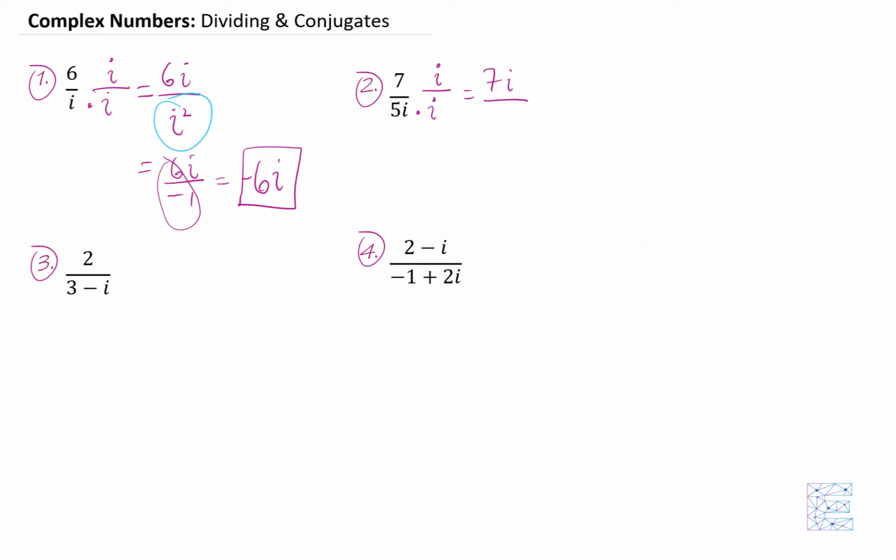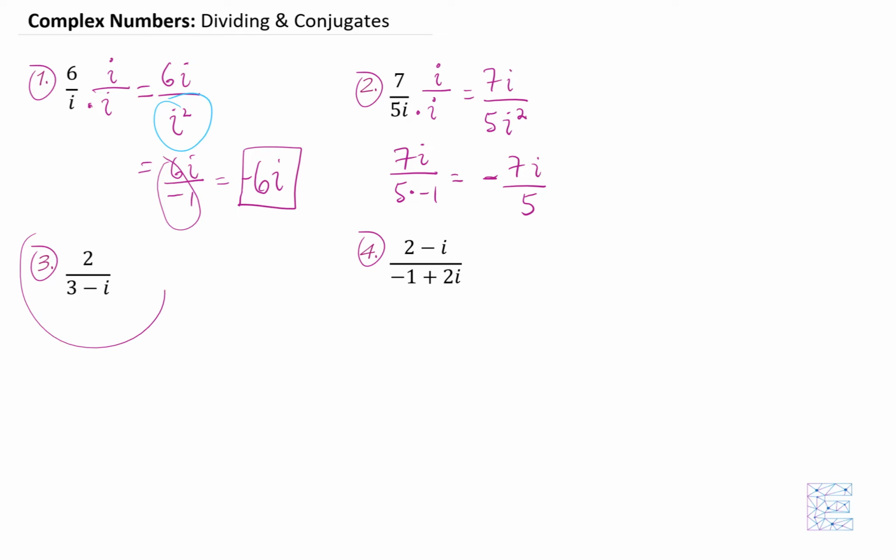And on the denominator, we have 5I times I, which is 5I squared. Once again, I squared is a number. It's actually -1. So 5 times -1 becomes -5. So this problem then becomes 7I over 5 times -1, which ends up becoming -7I over 5.